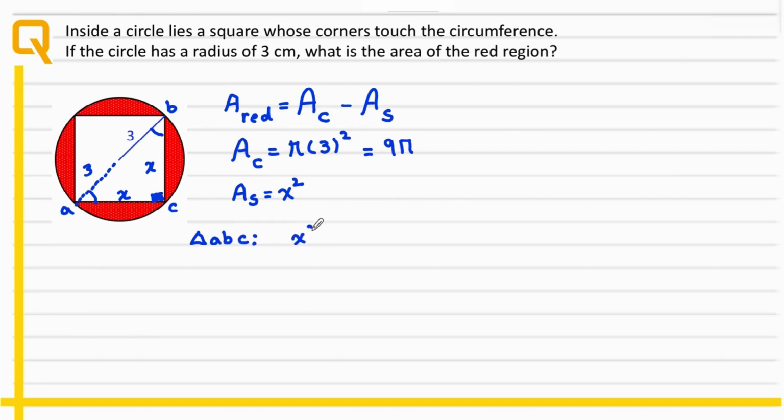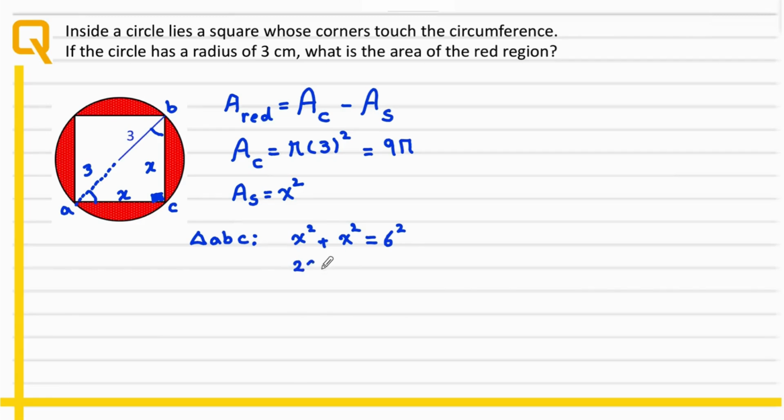X to the power of 2 plus x to the power of 2 is the square of the hypotenuse, which is AB, or 6 centimeters, 6 to the power of 2.